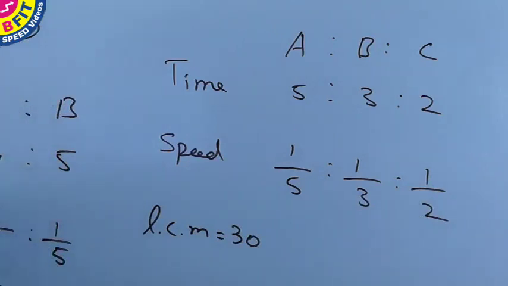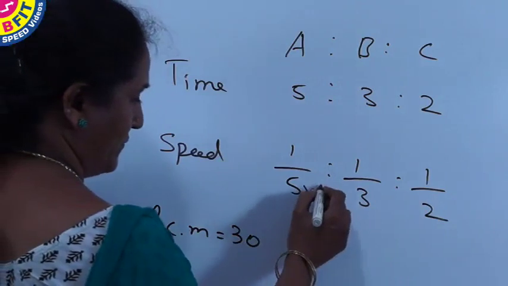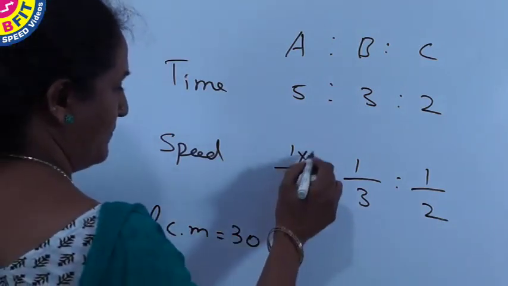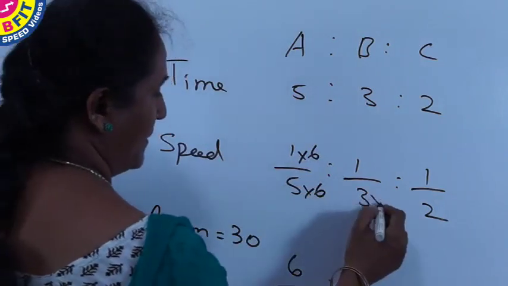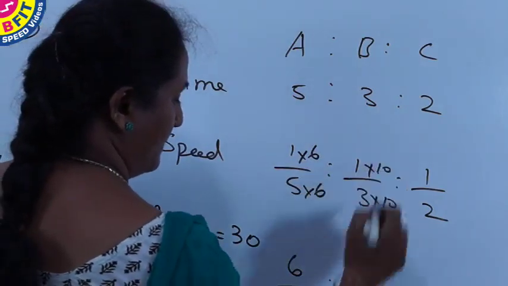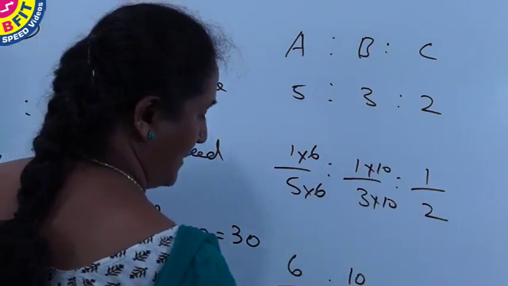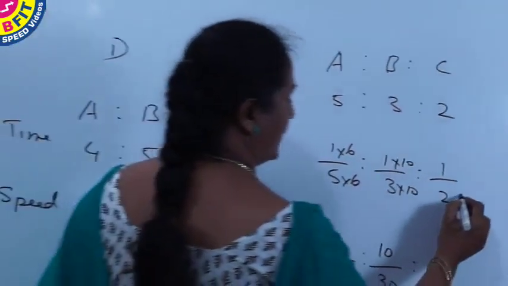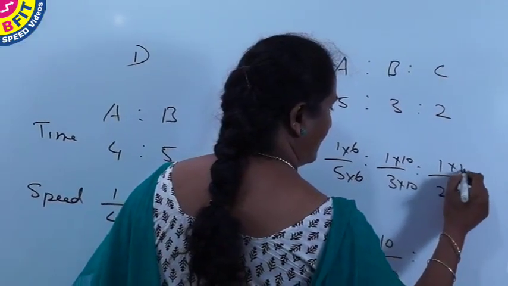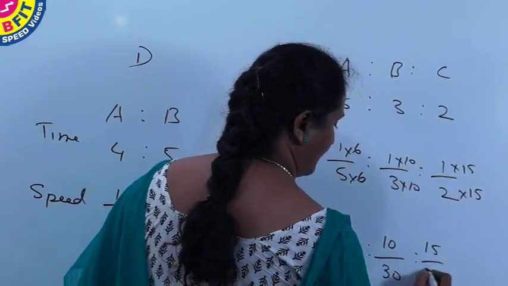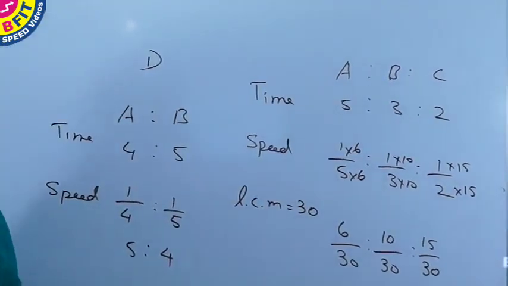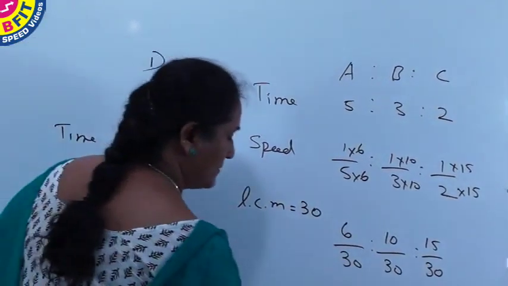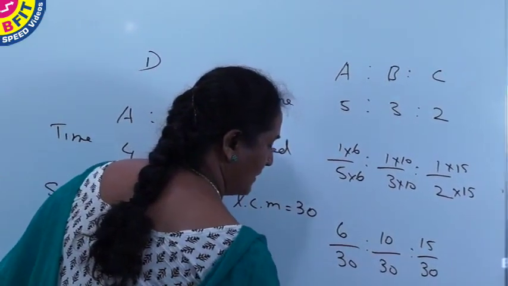So we see that the denominators are 30, so multiplying the first ratio with 6, we get 6/30, the second ratio with 10, it is 10/30, and this with 15, we get 15/30. So the ratio for speeds is 6:10:15.